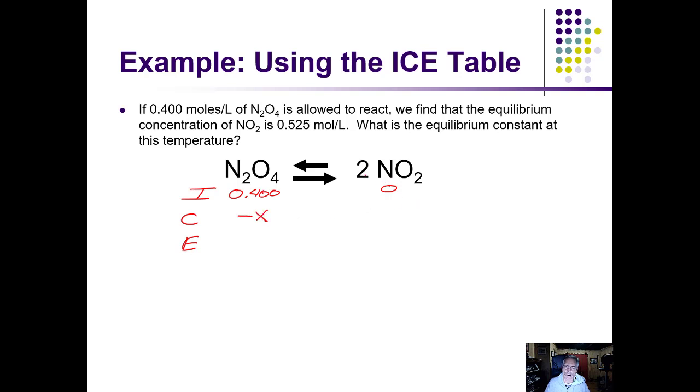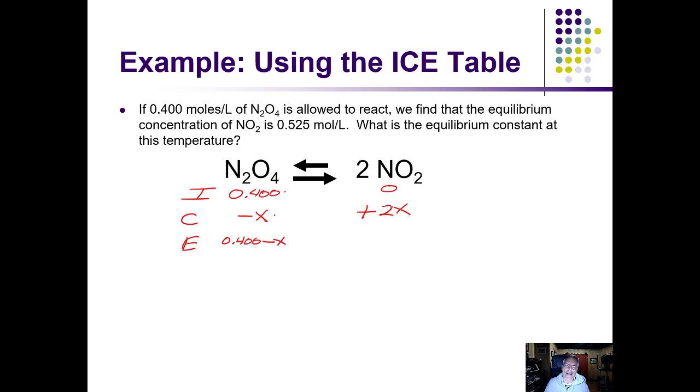Our coefficient for our product nitrogen dioxide is 2, so this will be plus 2x. And then we simply add up the initial plus the change, which is going to be 0.400 minus x at equilibrium. This is going to be our equilibrium concentration.